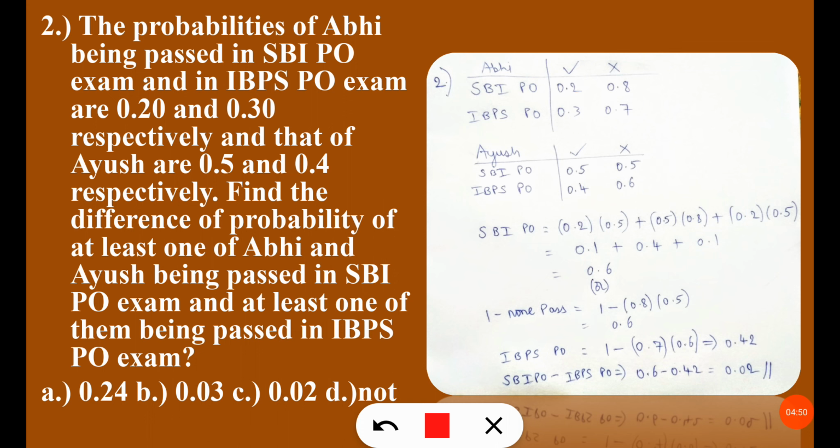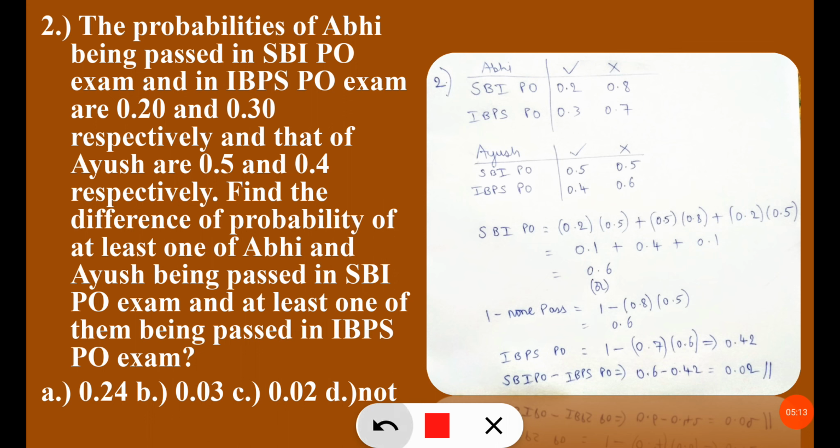In the SBI PO examination, Abhi's success probability is 0.2 and Ayush's failure probability is 0.5. Next, Ayush's SBI PO success rate is 0.5 and Abhi's failure rate in SBI PO is 0.8.